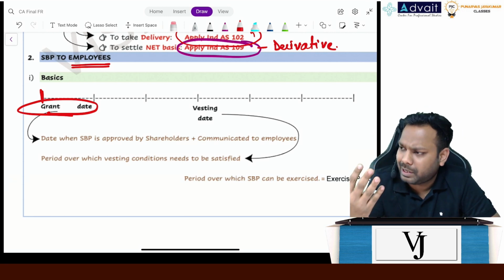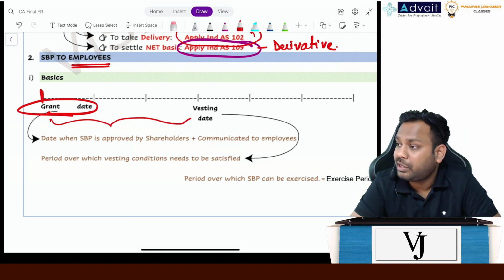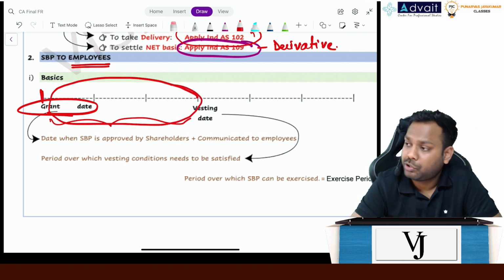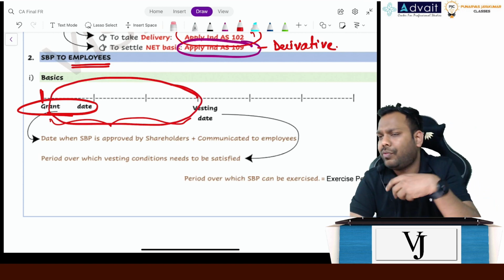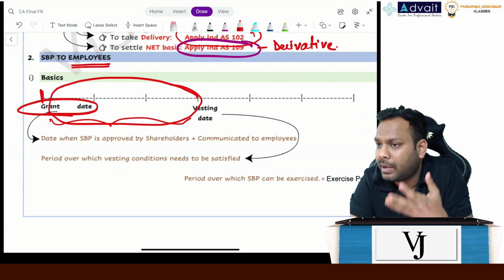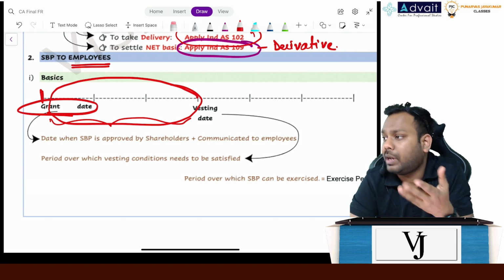Assuming it is conditional, definitely there will be some vesting conditions to be satisfied over the vesting period, right? So this is called the vesting period. The vesting conditions can be in the nature of service condition, market condition, or other non-market conditions or performance conditions.